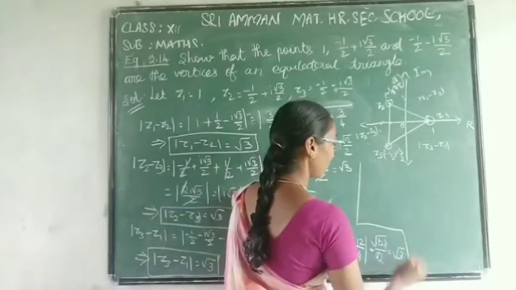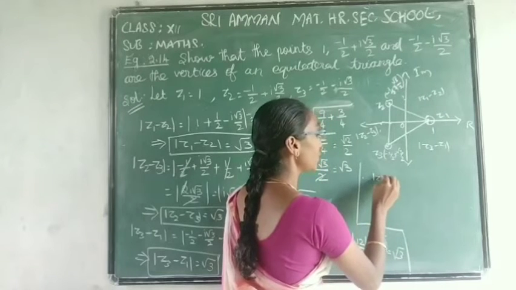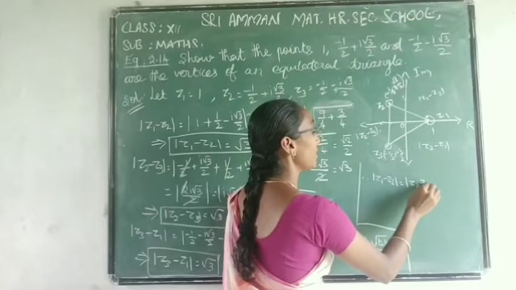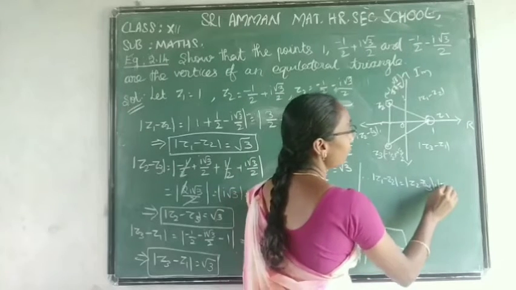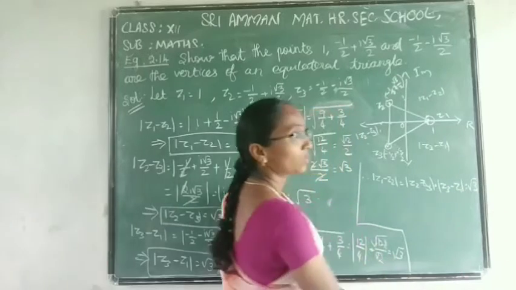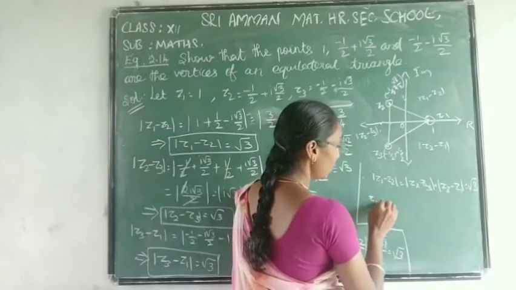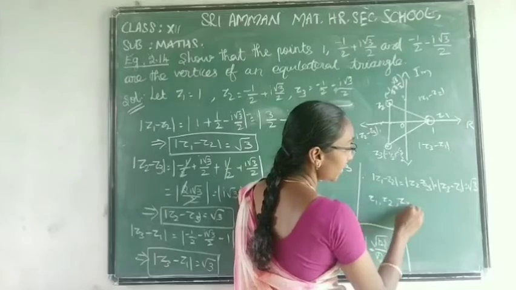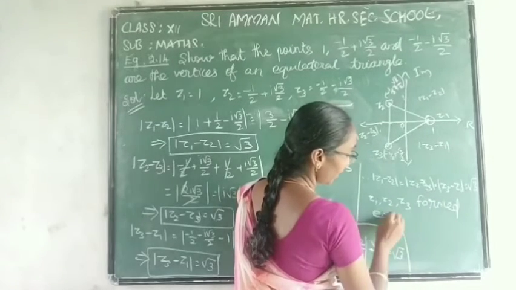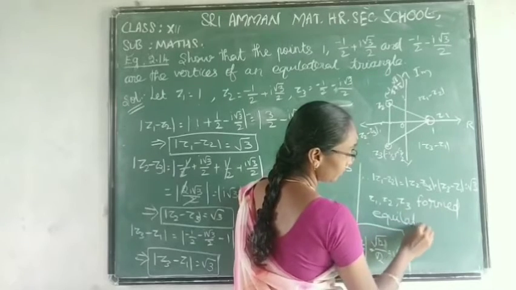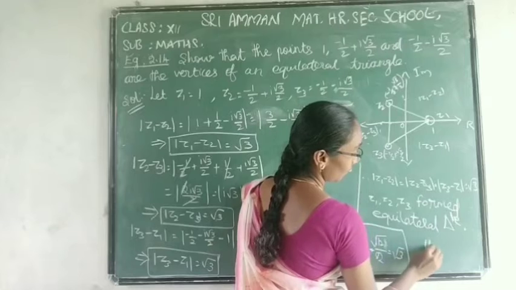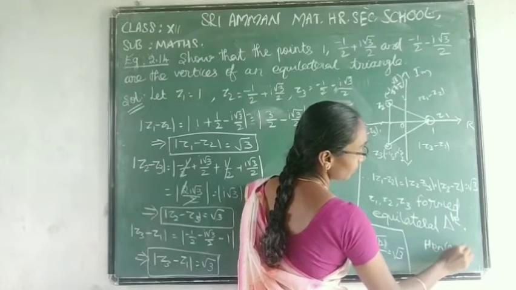Therefore modulus of z1 minus z2 equals modulus of z2 minus z3 equals modulus of z3 minus z1 equals root 3. Therefore z1, z2, z3 form an equilateral triangle. Hence proved.